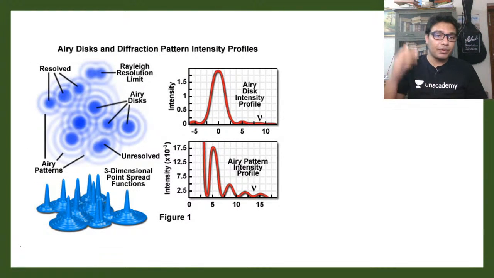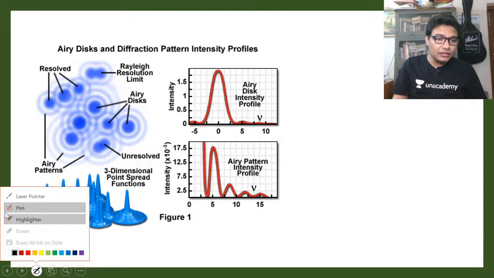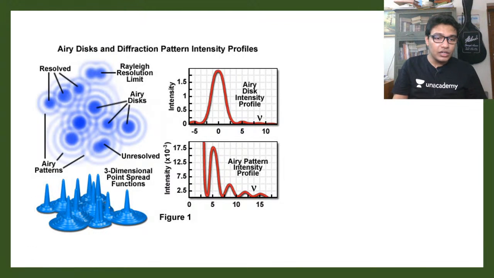Let me give you an example. Previously we looked at only one particular object. The point spread function corresponds to one particular point object. Now you see the intensity distribution of so many points, and this totally makes up an object.